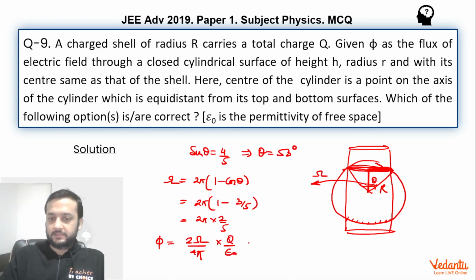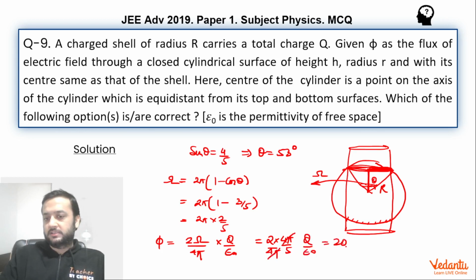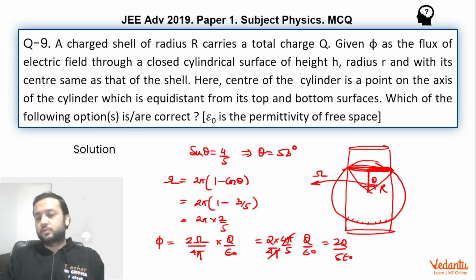This will be the flux, right? So from here, what do we get as the answer? This becomes 2 into 4 pi by 5, divided by 4 pi, into q upon epsilon naught. So this cancels out, and here it is 2q upon 5 epsilon naught. So the answer is 2q upon 5 epsilon naught.